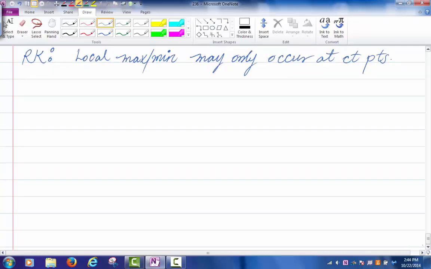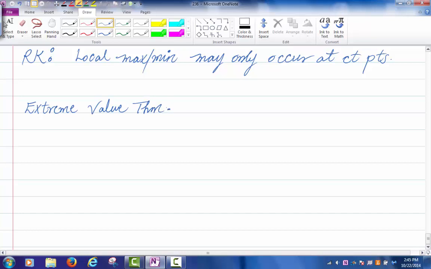And here is another theorem, which is called the extreme value theorem.